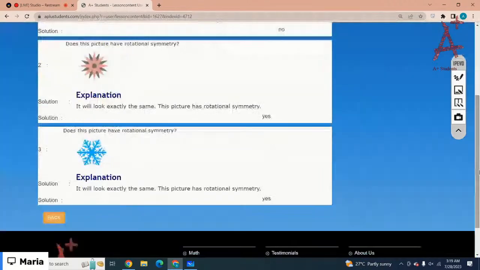Okay, does the picture have rotational symmetry? The correct option is yes. Because if you rotate the image along half or one fourth, it will be exactly the same. So the picture has rotational symmetry. Got it? Let's just start with the practice questions.